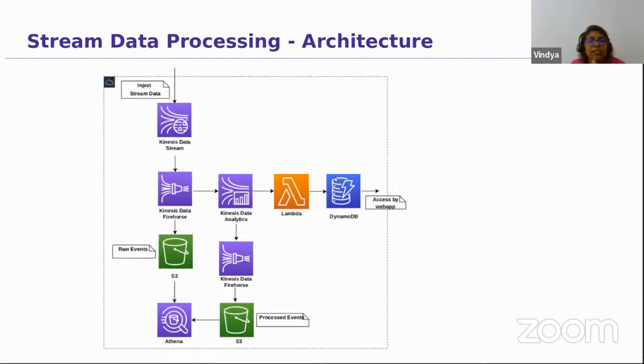When we have these derived information, these aggregated results, in DynamoDB, you can easily access it via the web app. So there are various use cases with streams and data processing. This is just one basic use case.